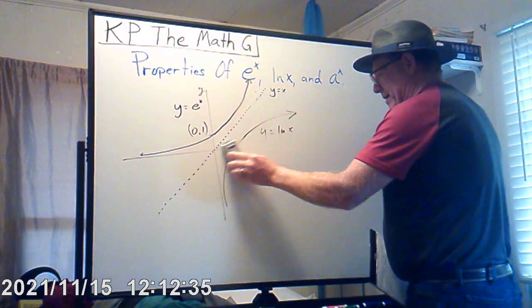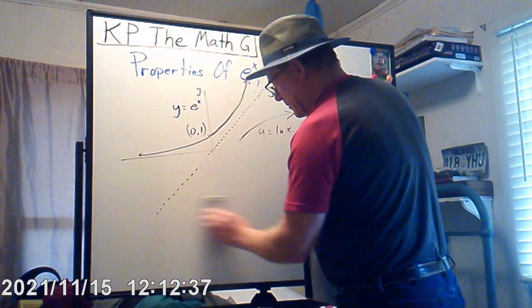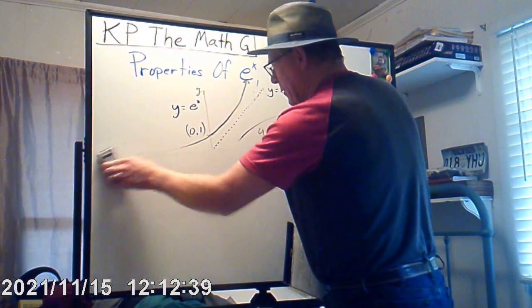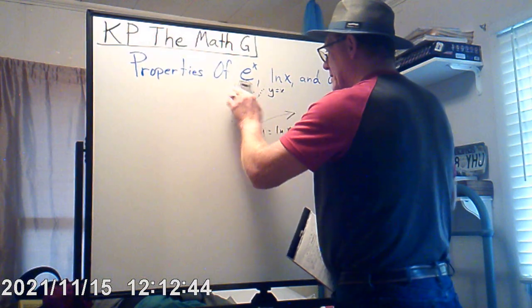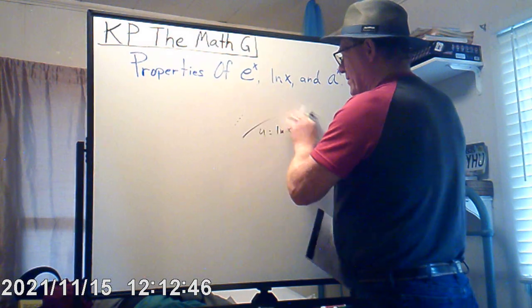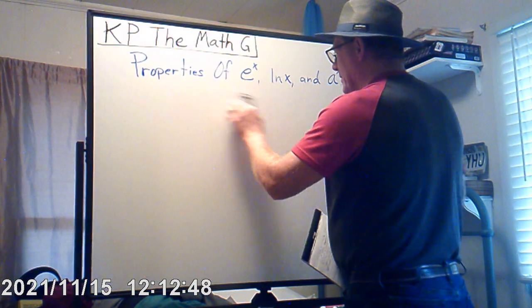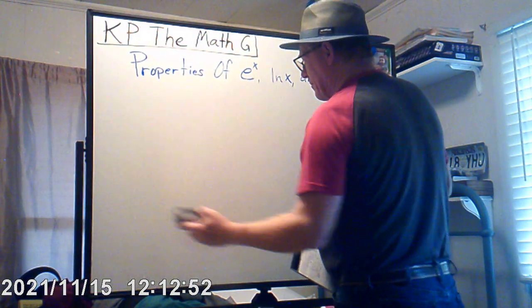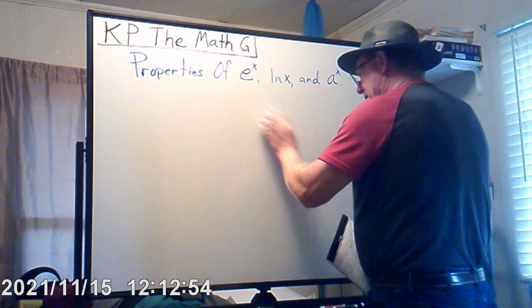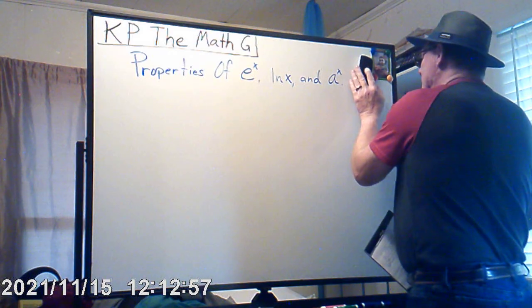Let me erase this, and I want to put up a little rule for e to the x and ln of x, since they are inverses of each other. You see what happens. Alright, here we go. Let's put this back up here.